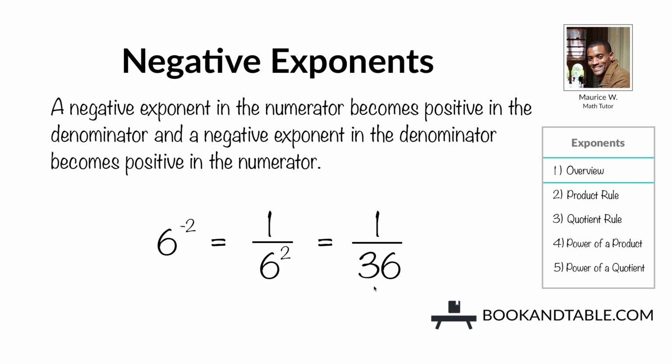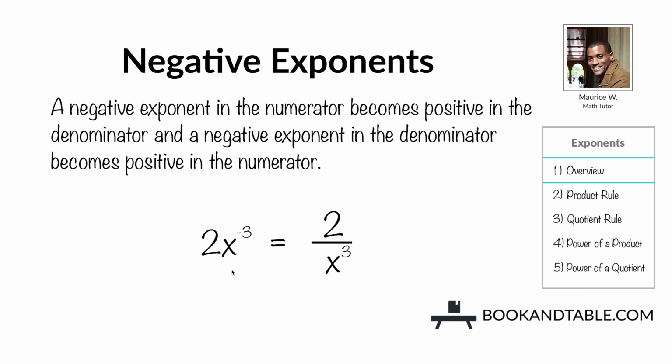Let's say you had 2 times x to a power of negative 3. This exponent is only being applied to the x, since this term is not inside a pair of parentheses. So this 2 remains in the numerator, and this x moves to the denominator, and we can switch the exponent from negative 3 to positive 3.